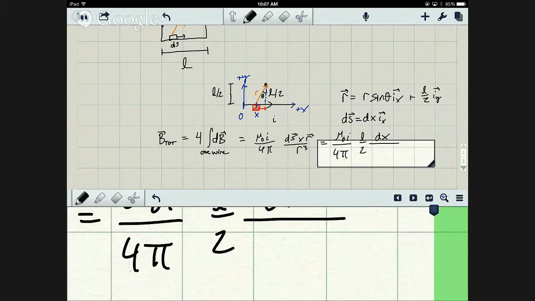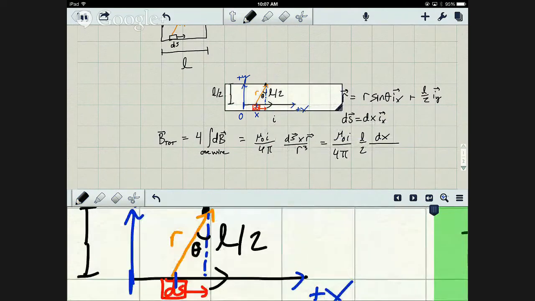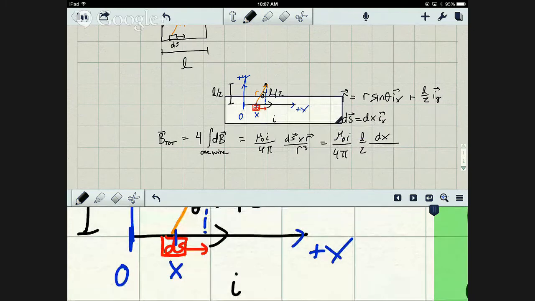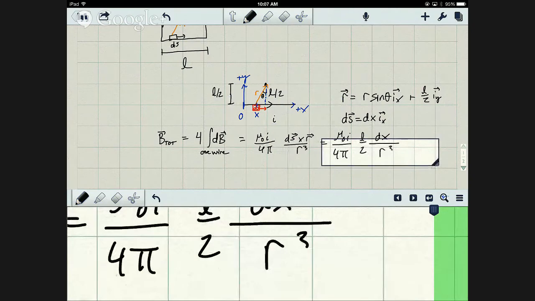And r cubed is going to be related to what we're writing here. For now, let's just write it like that, and then we'll figure it out in terms of x.